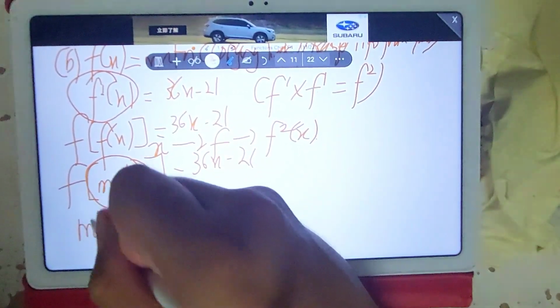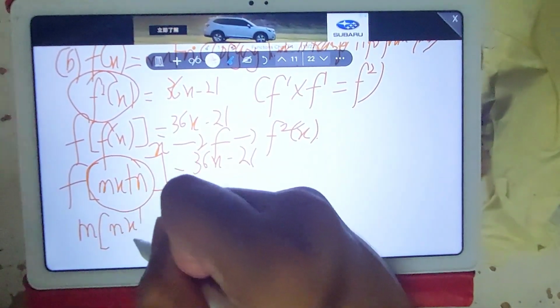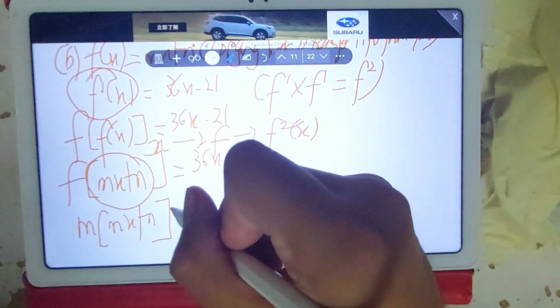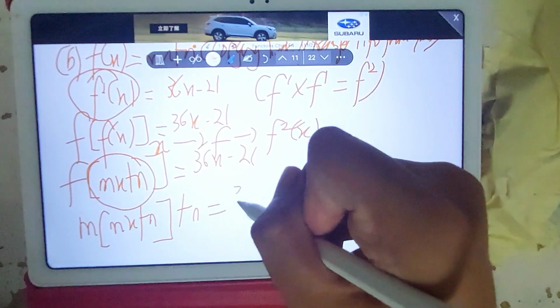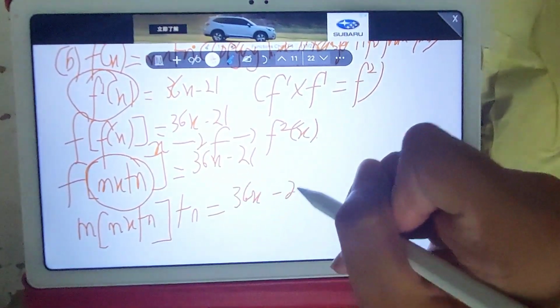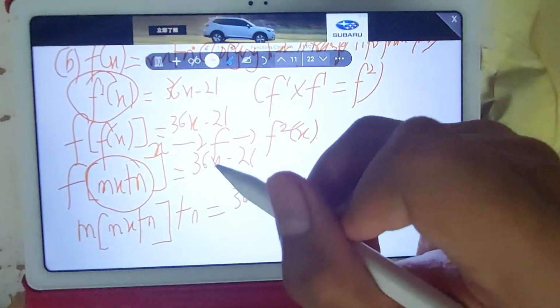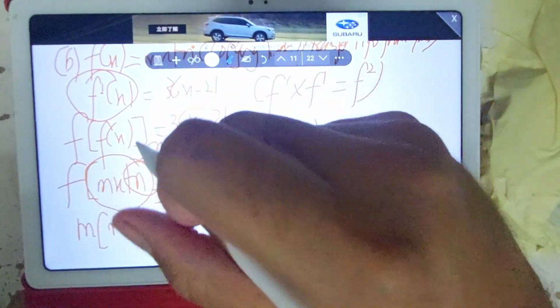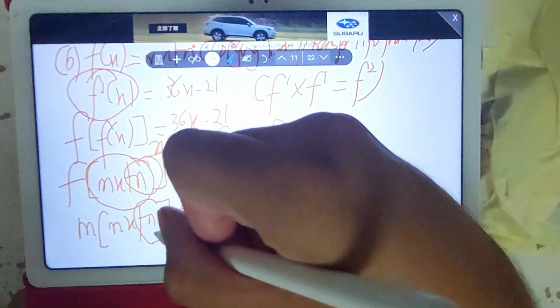So whenever you see the x in the function, you will substitute this whole thing inside the x, and then don't forget plus n at the back as well. Because why? This function at the back contains a plus n, so you need to obey it, although you added a plus n here already.